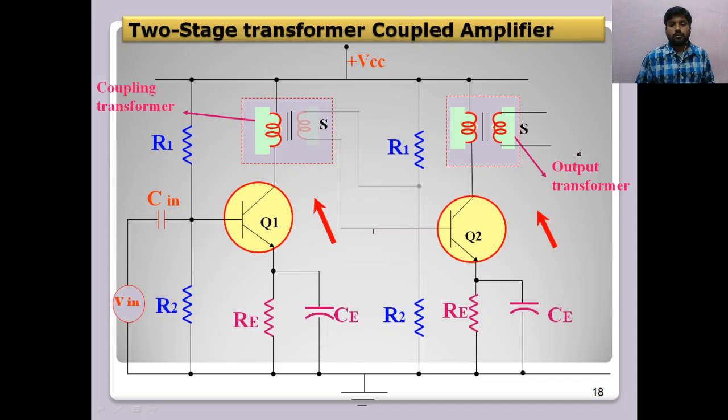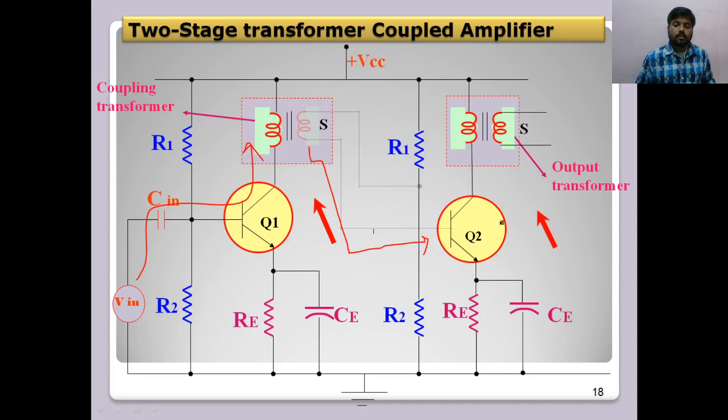What did you understand with this two-stage transformer coupled amplifier? If you give the input voltage at the base of the transistor Q1, which amplifies it, it develops the EMF at the primary of transformer 1, and the transformer 1 secondary gets induced with the mutual inductance, and this secondary is now driving the base of the transistor Q2.